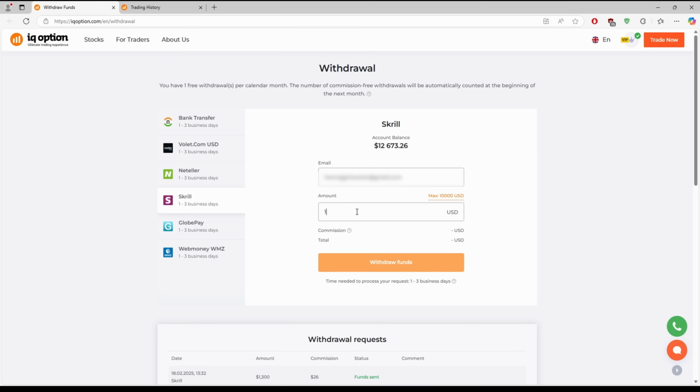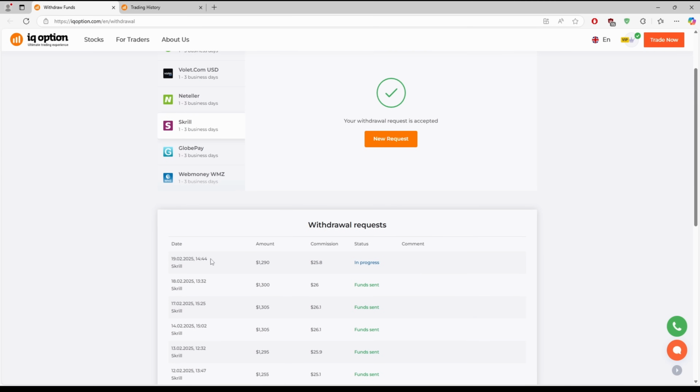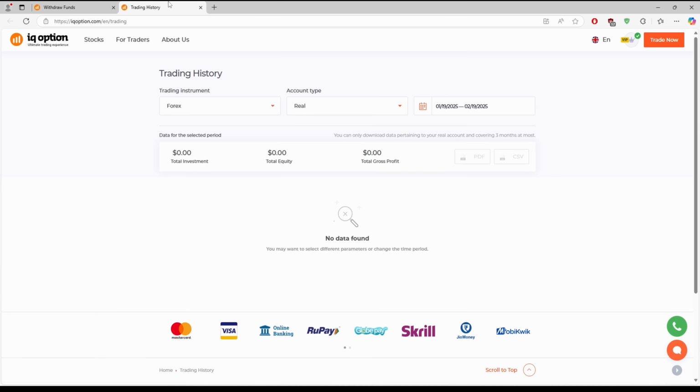We are going to withdraw, let's withdraw 1290 because we have made roughly around $1316. So we have to pay commission as well. So we have successfully put in our withdrawal request. It will be processed soon.